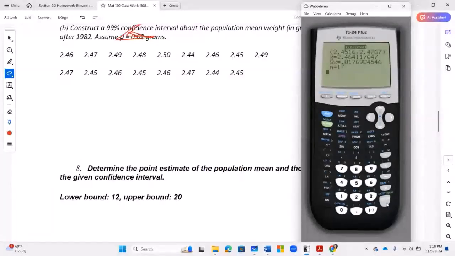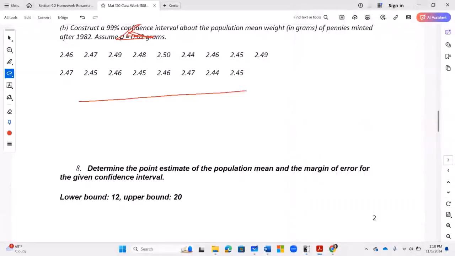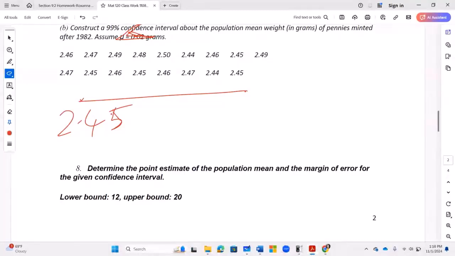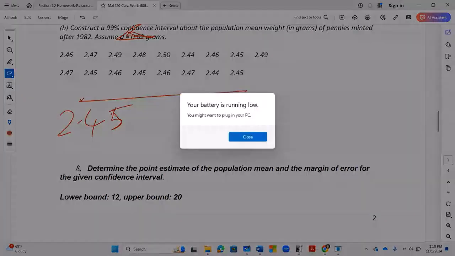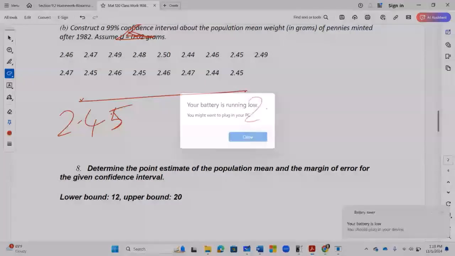So the estimate lies from the lower bound of 2.45 to 2.48.